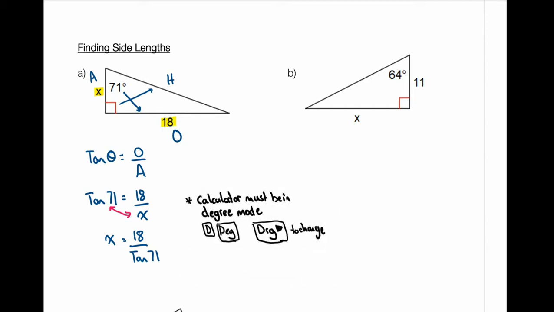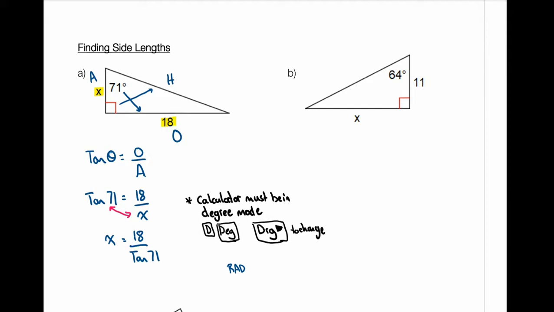Otherwise, you're going to be finding your answer in different units or measurements. On an iPhone, it is different. If you do use an iPhone, which I don't recommend for trig because of the way you have to order or organize your calculations, you want to make sure that in the bottom left corner, it says RAD. If it says RAD, it's kind of opposite: that means degree mode is in play.